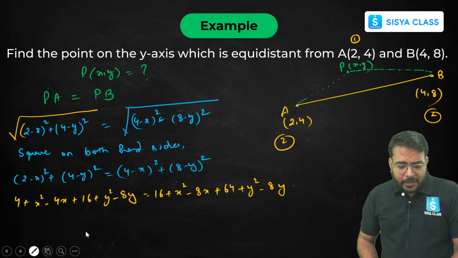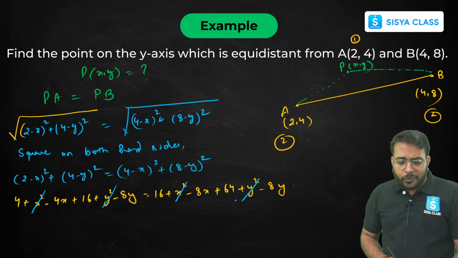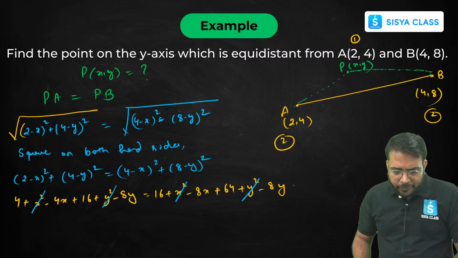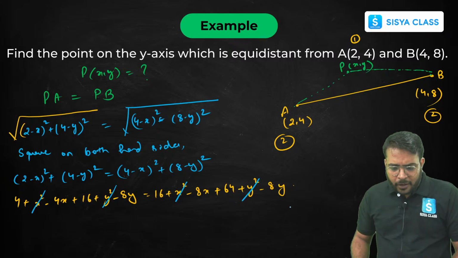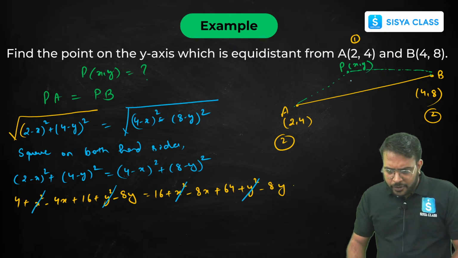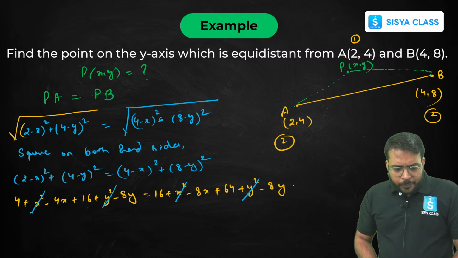Now can we cancel out? Yes sir, we can cancel out a few things. We can cancel out x square, x square. We can cancel out y square, y square. Yes or no? Now can we do one more thing?